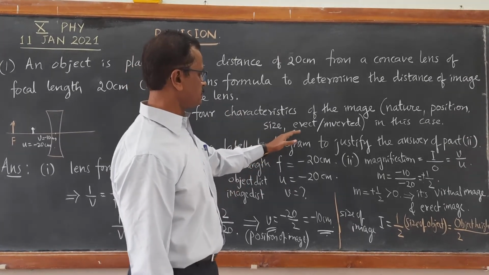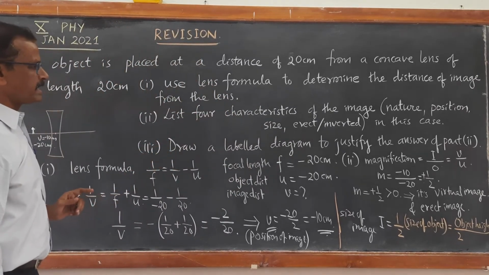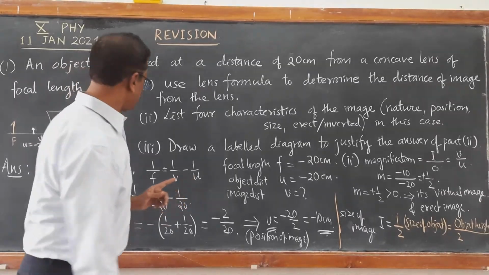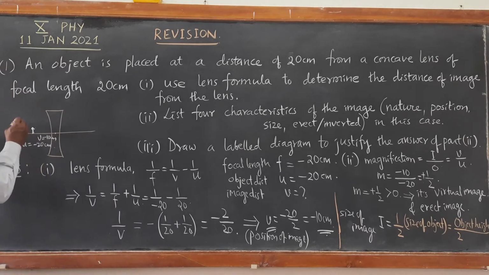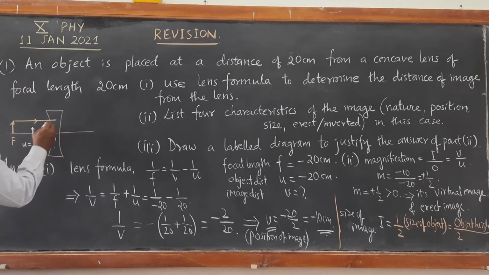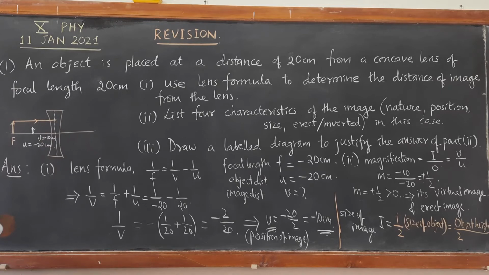Okay, that's understood. Now, the last one is to draw the labelled ray diagram to justify the answer of part 1. So, labelled ray diagram, it's very simple. One ray of light must go straight, parallel to the principal axis. Draw the optic axis.